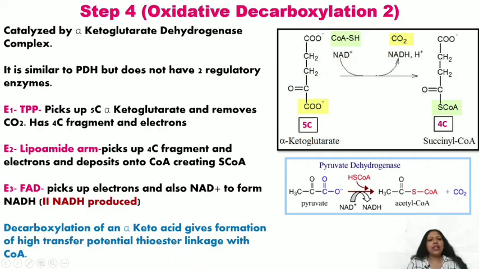So it is not necessary to explain here that this reaction will move only in the forward direction, because it leads to the formation of a high transfer potential thioester linkage. Okay, we have explained this many times.